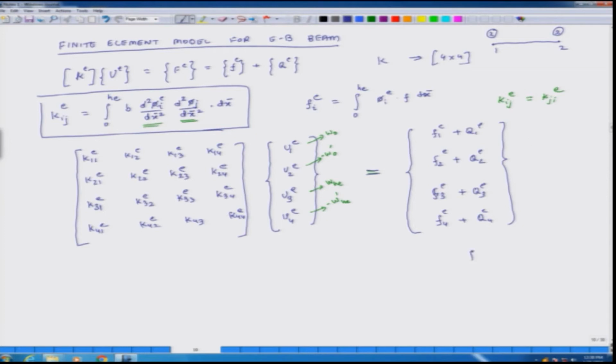Here F1 and F3 represent shear forces at specific nodes due to distributed load Q. And F2 and F4 represent bending moments, again due to distributed load, again at the nodes.